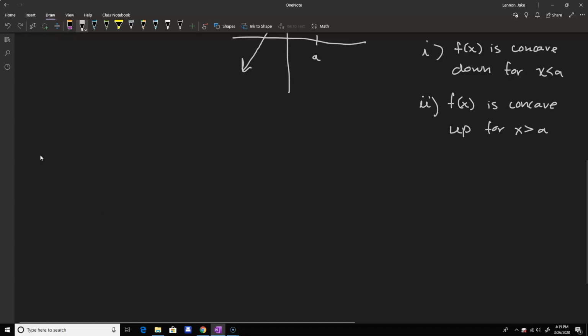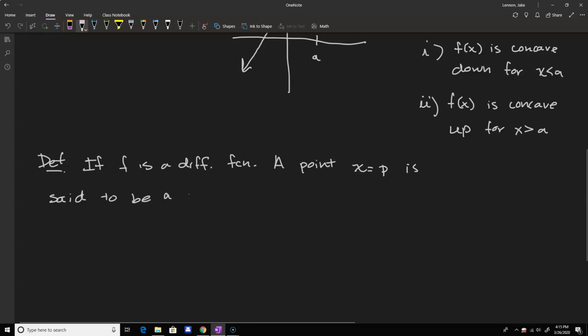So let's first write a definition of a critical point. What is a critical point? If f is a differentiable function, a point x equals p, and when I say a point, I really just mean the x value here, is said to be a critical point or a critical value.